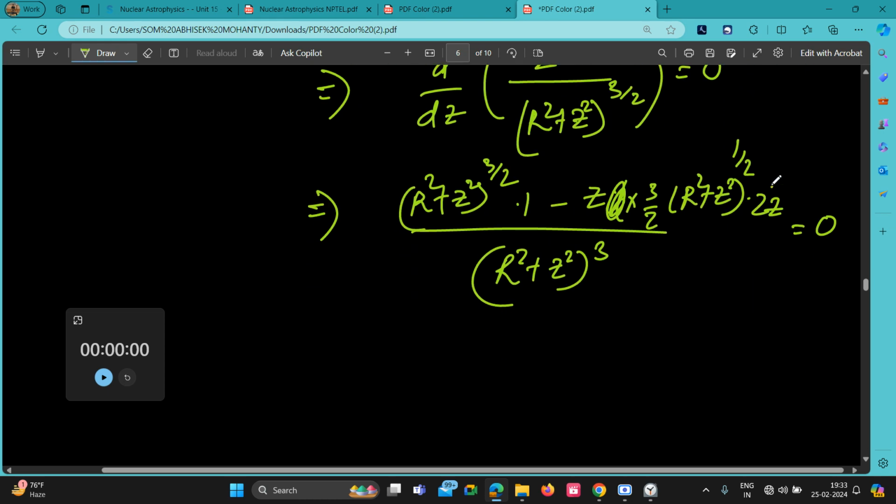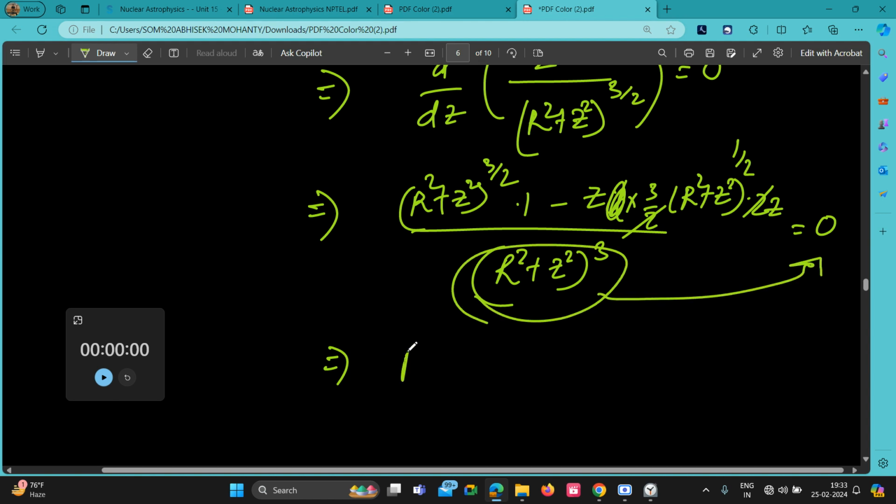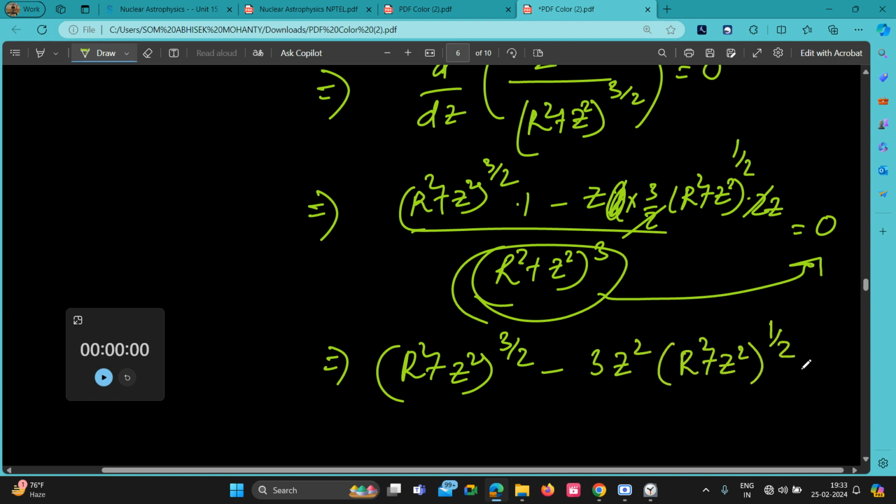The 2s cancel. Taking this to the right side, it becomes 0. So r square plus z square to the power 3 by 2 minus z into z, which is z square, and this is 3 z square r square plus z square to the power half, is equal to 0.